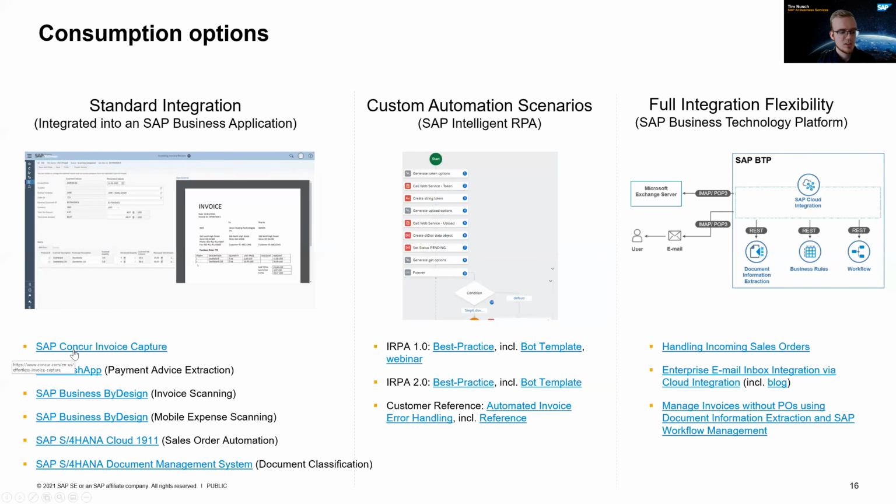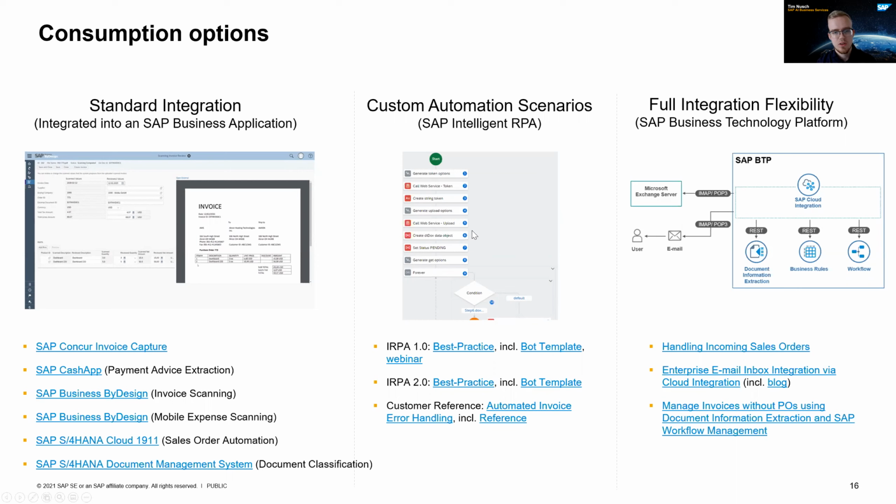We already have talked about Concur Invoice, but you see also the integrations into, for example, SAP Cash App for payment advice extraction, Business by Design. You have seen the business card use case, which will come soon. But we also have invoice scanning and mobile expense scanning. And last but not least, there are also integrations into S/4HANA.